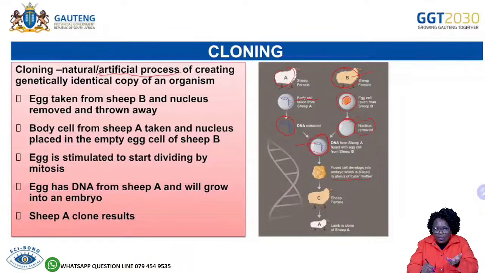And because there must be a surrogate parent or surrogate mother, this is now the foster mother. That is where it is going to be inserted. And guess what will happen? This embryo will start growing.